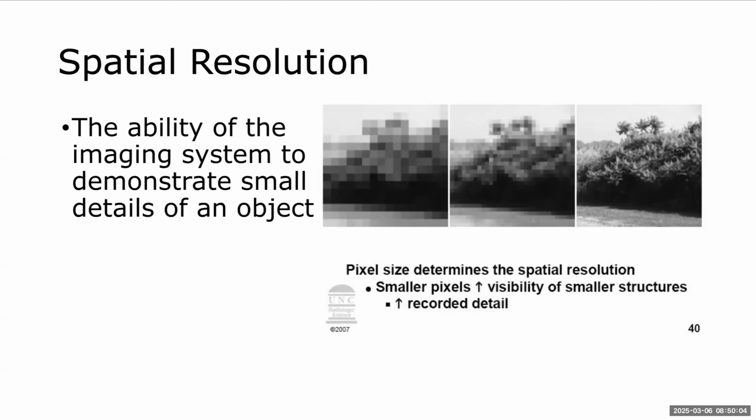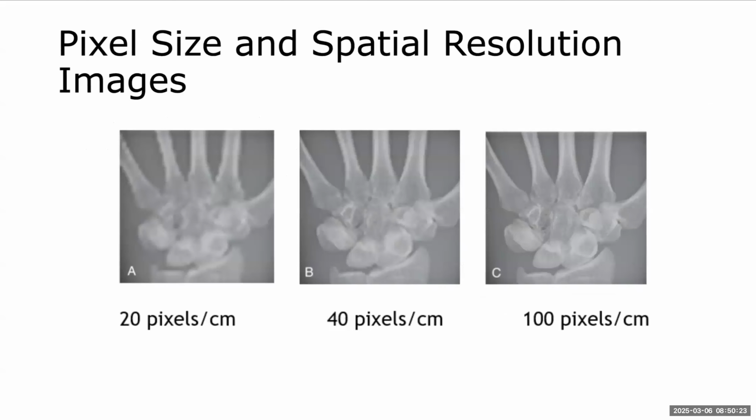Those geometric qualities of the beam still do affect spatial resolution, in addition to these things that we're talking about with digital imaging. So the OID, the SID, the focal spot size, those still apply when we're talking about digital imaging. So this is just three different images where you can see as the pixel density is getting greater.